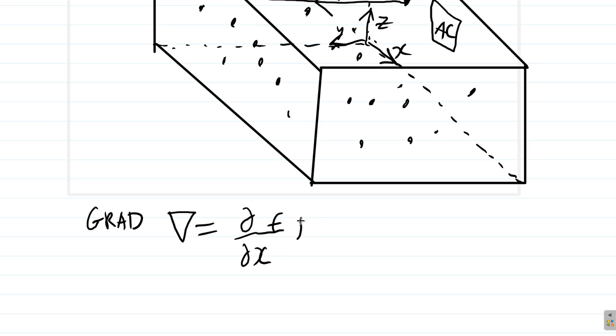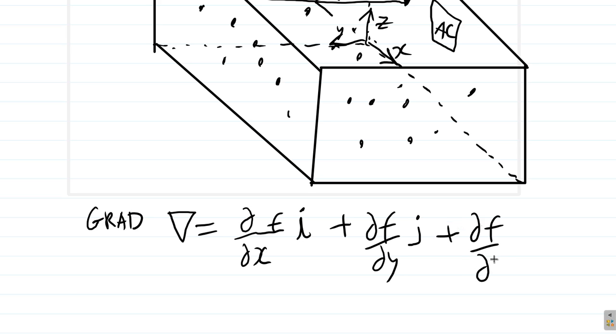And when you're changing x, you're going in the i direction, plus the partial derivative of f with respect to y, that means the rate at which the function is changing as you go in the y direction, and as you change y, it will be in the direction j, same as going along the y-axis, plus the partial derivative of the function with respect to z along the z-axis, means you're going in the k direction. Alright?